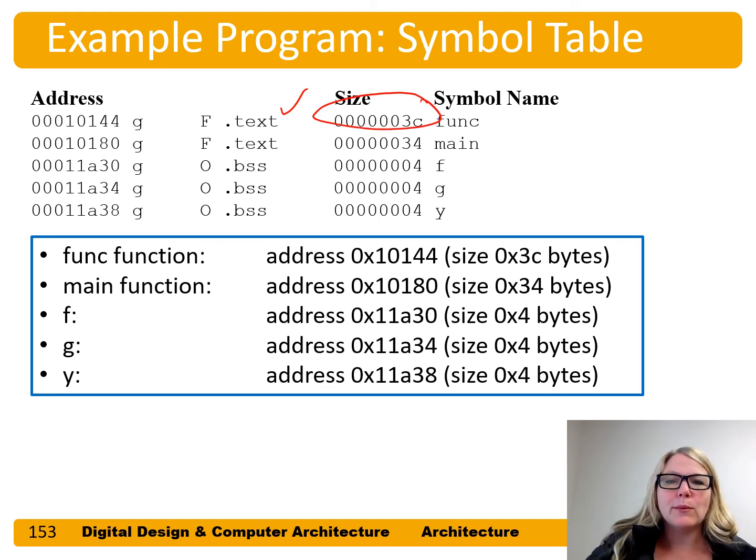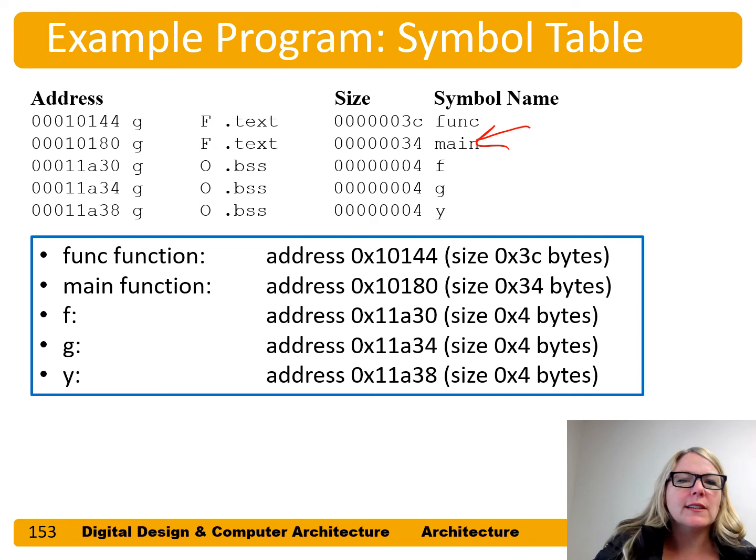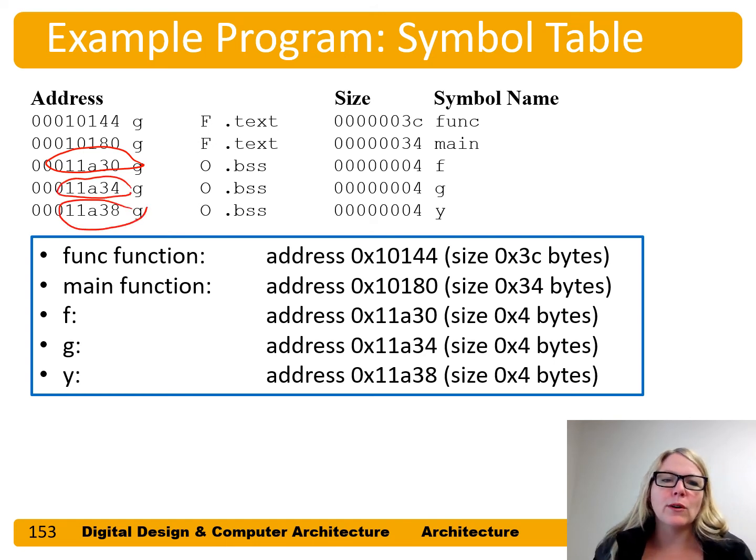That's how many instructions it includes in terms of bytes. The main function starts at address hex 10180 and has 34 bytes of instructions. f, g, and y are each 4 bytes, and f is located at hex 11830, g is next at hex 11834, and y is next at 11838.